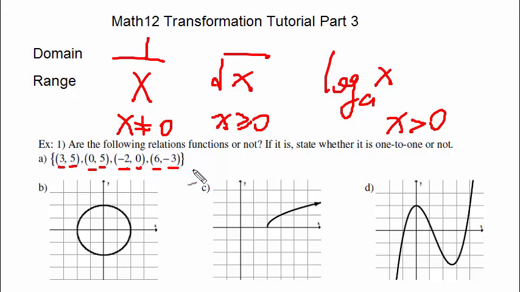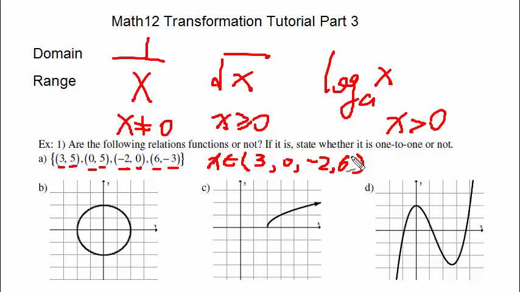That means our domain is what? Our domain is x belongs to 3, 0, -2, and 6. These 4 numbers are our domain. These 4 numbers are what x can be. You cannot put in any other numbers other than these.